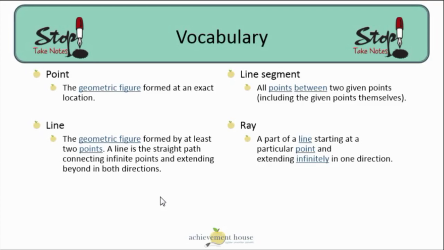And a ray is a part of a line, kind of like the mix between a line itself and a line segment. It's half line segment, half line. There's only one endpoint or starting point, whichever one you want to define it as. There's one point, and then an infinite straight path of points beyond.